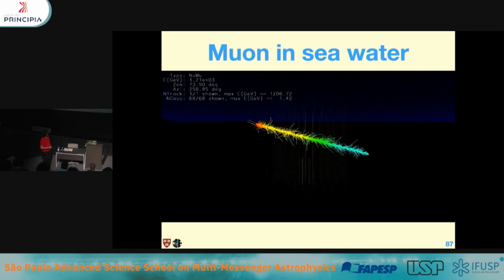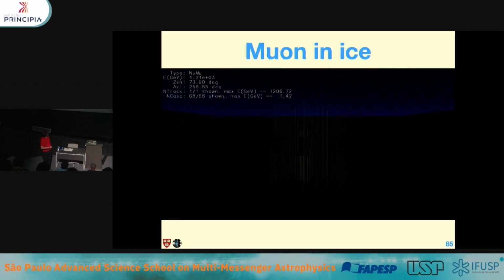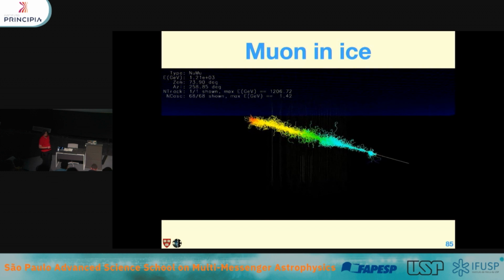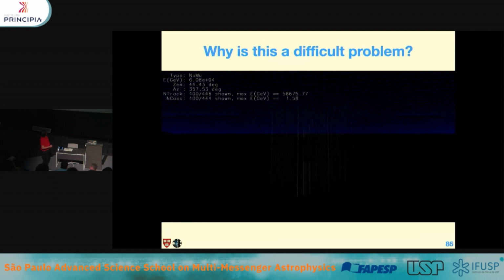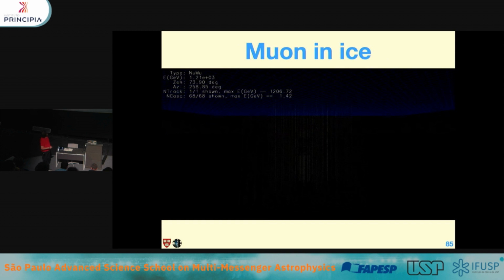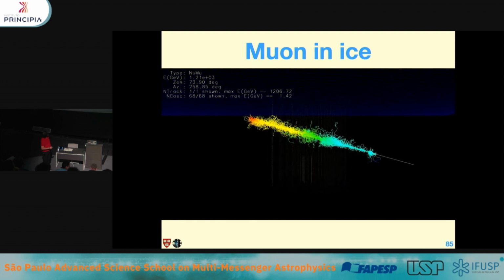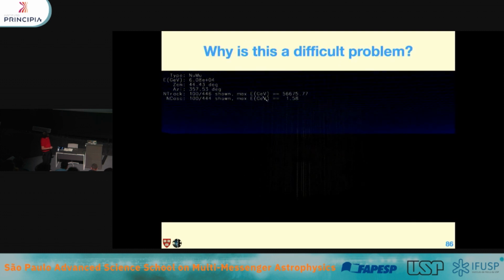Between this and that one? And this? Between this and the next one. Oh, between this and that one? There was one, I think both of them were in the ice, but there was one that looks like there are two peaks. Oh, this one.